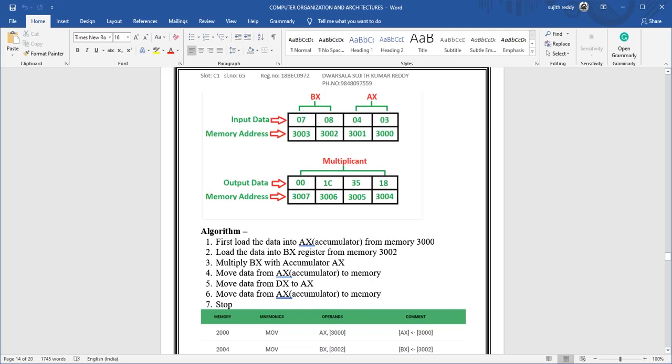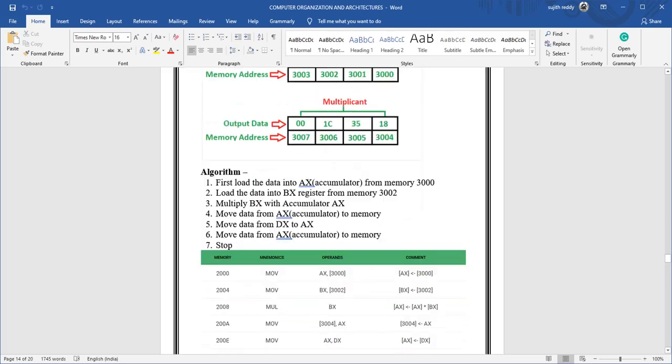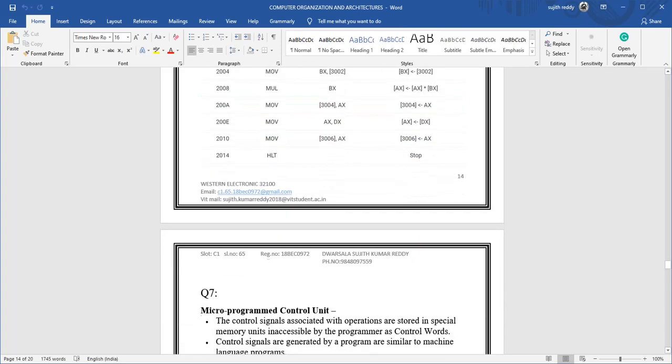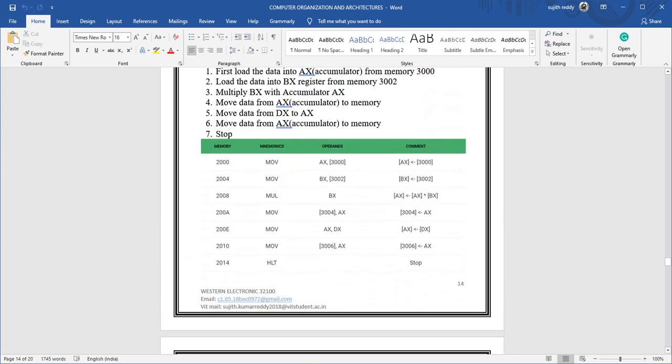First it loads the AX accumulator from memory 3000 and loads the data of the BX register from memory 3002. Then it multiplies BX with accumulator AX. So BX is being multiplied by AX, the multiplicand. These are the values: move commands, MUL, move, and HLT, stop.